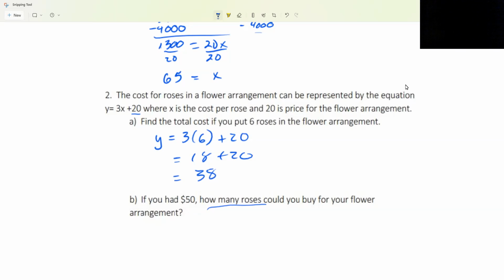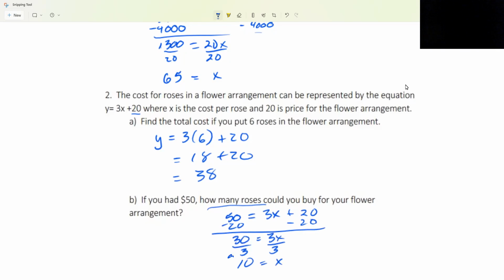So we'll put 50 in for y, and then we'll solve for x, just like we did before. Subtract 20 from both sides: 30 is equal to 3x. Divide by 3, and you're going to get x is equal to 10. That's 10, not $10. That's 10 roses in your arrangement.